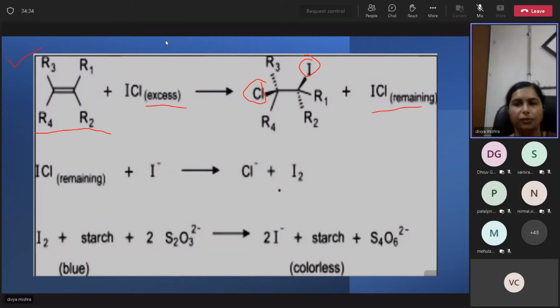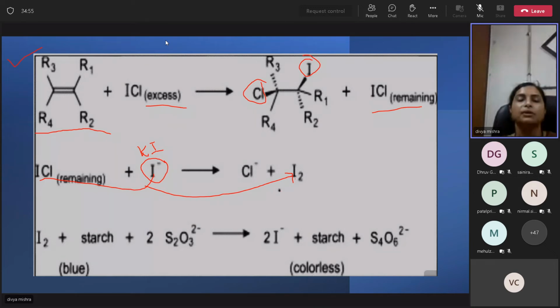This remaining part further reacts with potassium iodide, which releases iodide ions. They combine to give molecular iodine.